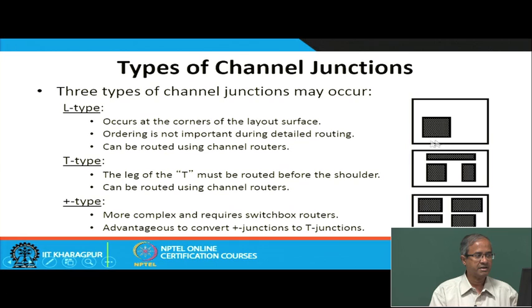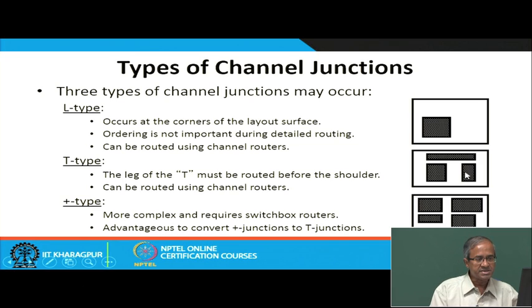This looks like an L, this is an L type channel. This typically occurs at the corners of the layout surface. So, here the ordering is not important, you can either route the vertical one first and then the horizontal, or the reverse, and simple channel routing algorithms can be used for this. Well, we shall see these algorithms later.